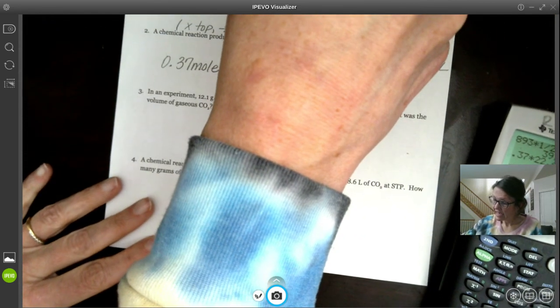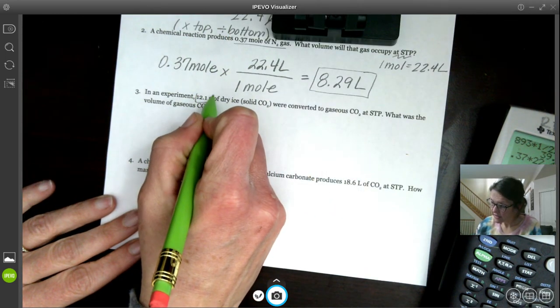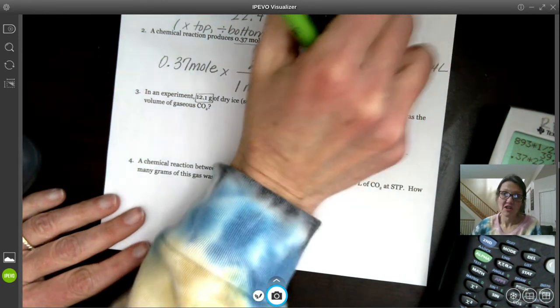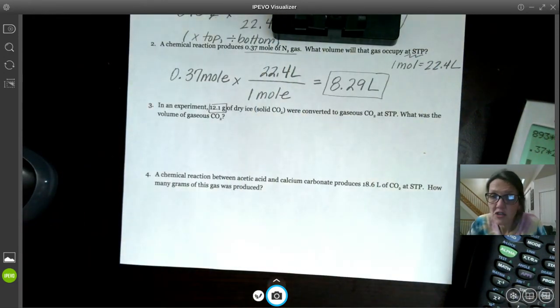It says, in an experiment, 12.1 grams of dry ice were converted to gaseous carbon dioxide at STP. What was the volume of that gaseous carbon dioxide? In case you don't know, CO2 goes straight from a solid to a gas, right? It's called sublimation. So in this problem, we're starting with 12.1 grams. Now, here's the problem.